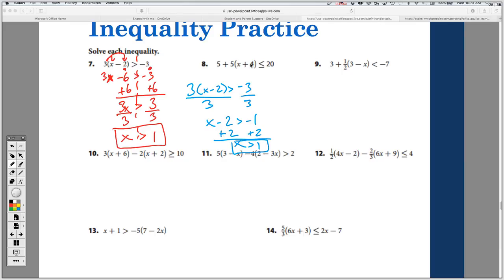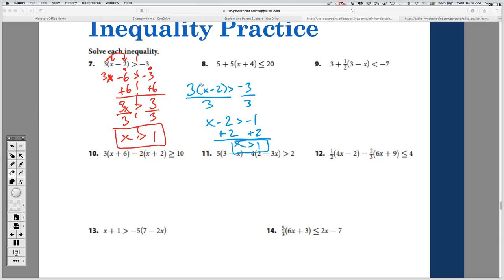So let's erase this. I was talking about the strategy for it. There's multiple ways you could do it. So Luis said that you can also just distribute, and then you get 5 plus 5x plus 20 less than or equal to 20. Combine like terms on the same side first, and then do the rest.